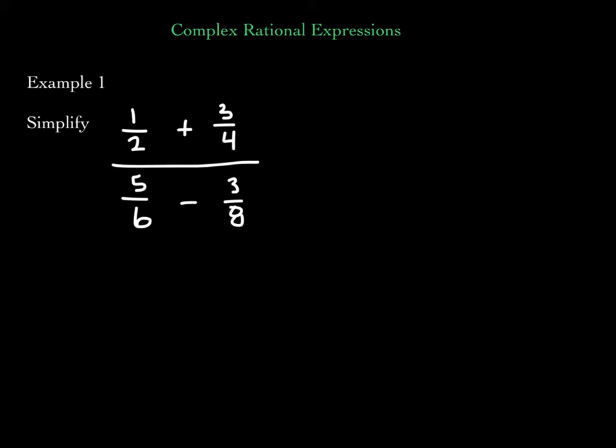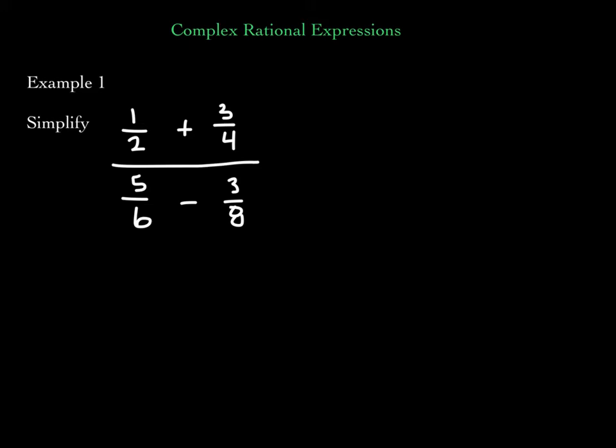You have fractions in this example within another fraction, right? You got fractions in the numerator, you got fractions in the denominator. And so what we're going to do is multiply each term within the numerator and the denominator by the LCM or the LCD, okay? I sometimes use those terms interchangeably.